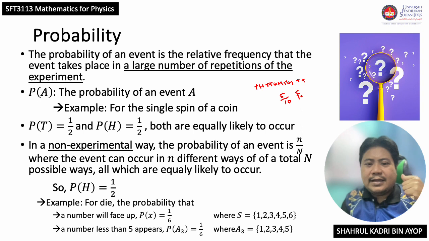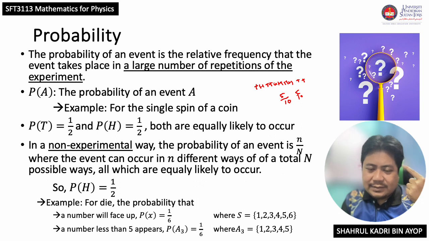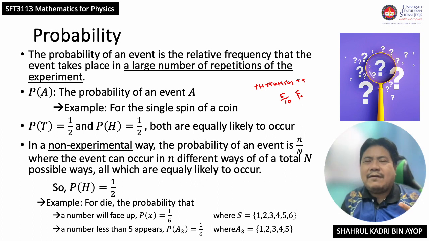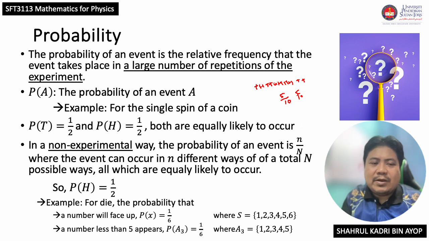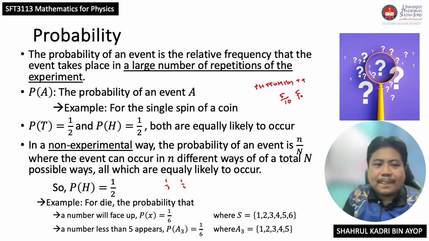So tail has an equal chance of occurring as head. The probability of getting head is 1 over 2, and tail is another 1 over 2. So they are equally likely to occur.